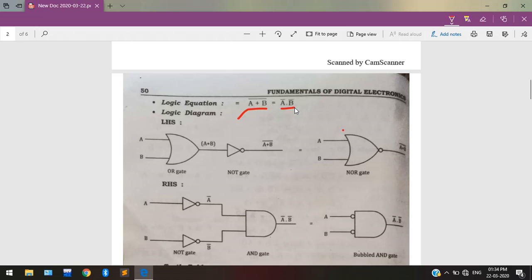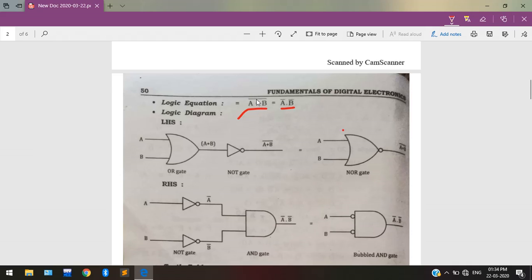Now how can we understand this, or remember this easily? You see here (a plus b) bar is on the LHS, and the output is a bar dot b bar. How can we remember?